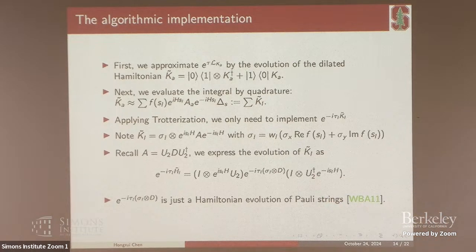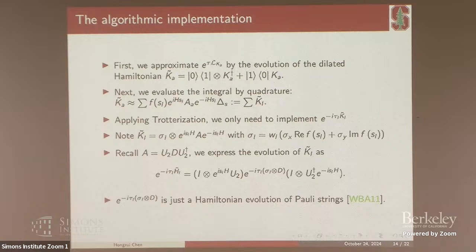On the right-hand side, there are three terms. The first and the third terms just implement a usual design and some Hamiltonian simulation. For the middle term, recall that D is a diagonal matrix given by some Pauli Z rotations, and sigma L is some Pauli.